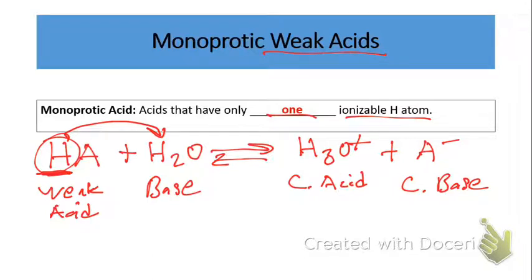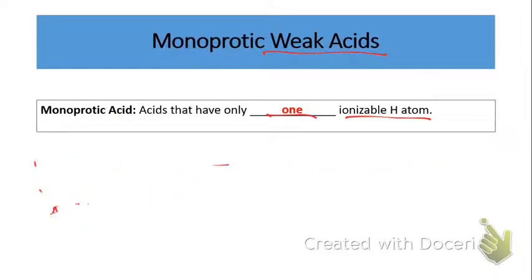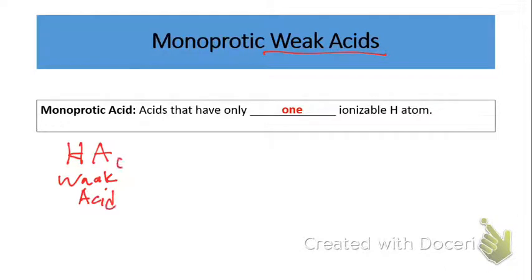Okay, now we can simplify this down even more. We can assume that water is the base, and if we can make that assumption, then we can leave it out of the equation and just take our weak acid HA, which should be aqueous, and it dissociates and is reversible to H plus and A minus.